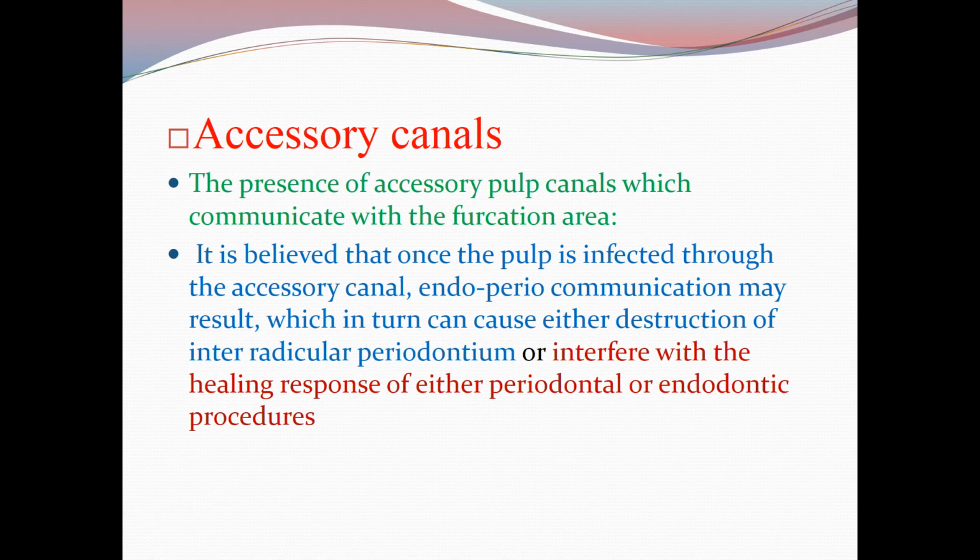The presence of these canals will lead to extension of the inflammation from the pulp, if it is infected, into the surrounding periodontium. This will lead to an endo-perio lesion and may lead to destruction of the interradicular bone and periodontium, leading to involvement of the furcation area.